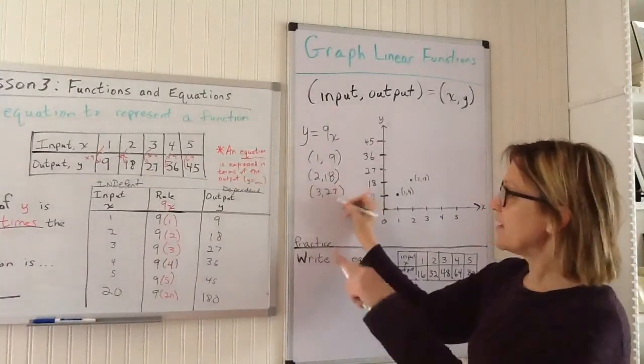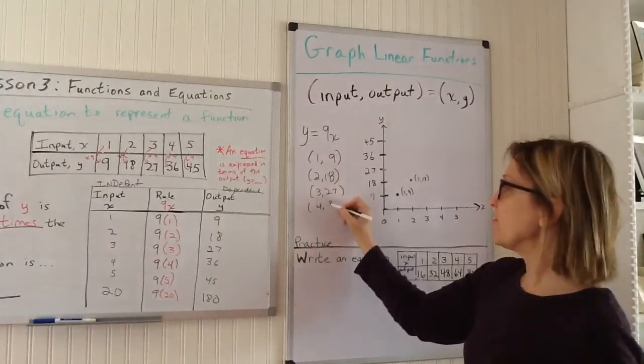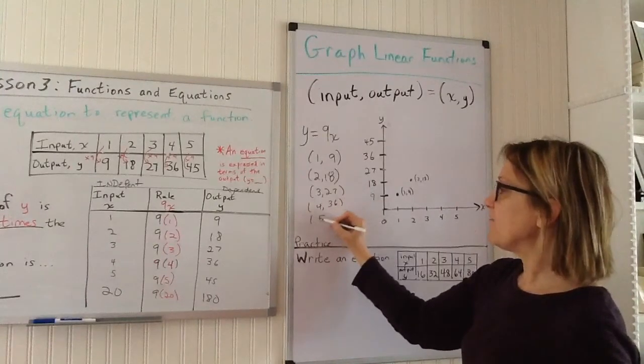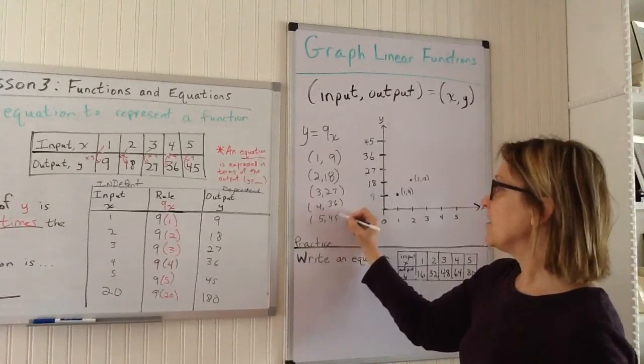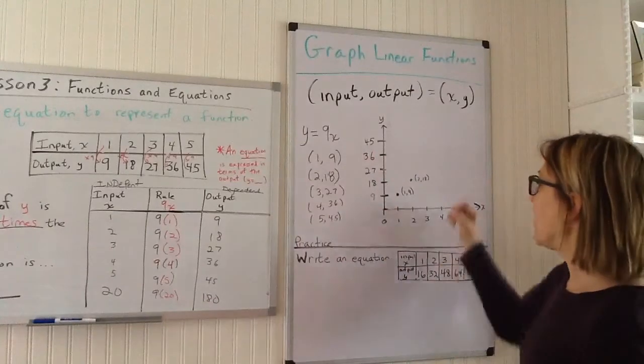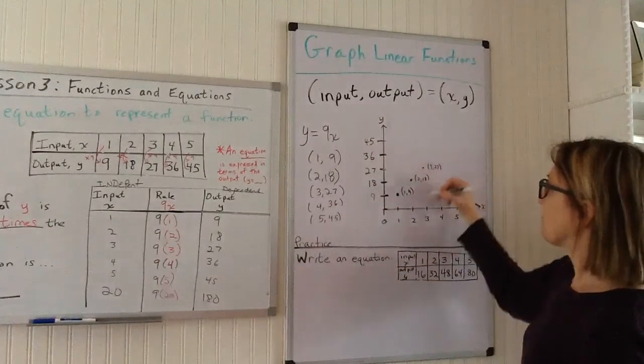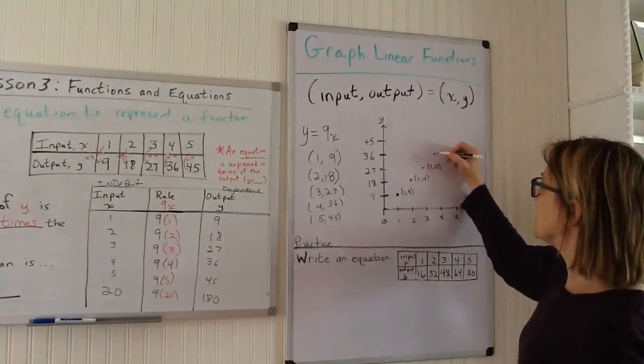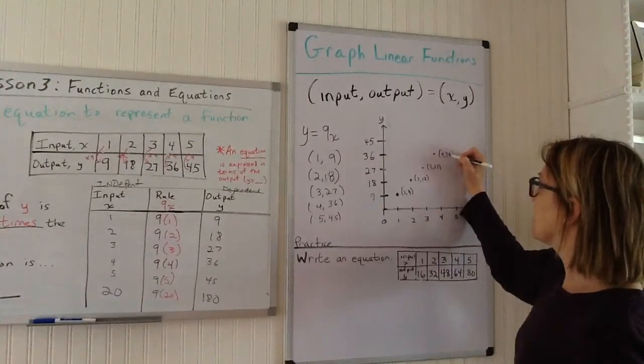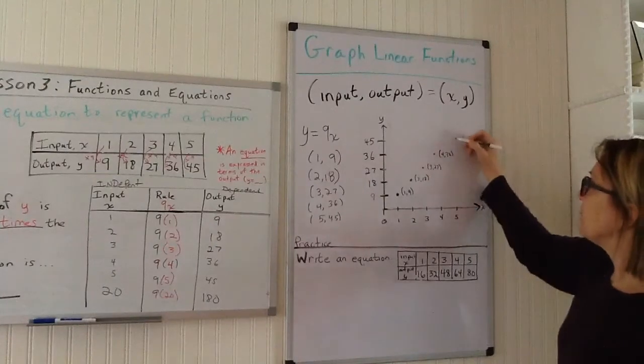I'm going to grab the other ones, (4, 36) and (5, 45). Now I have all these coordinates I could graph. So (3, 27), (4, 36), and (5, 45).